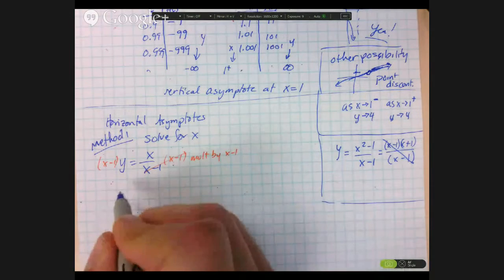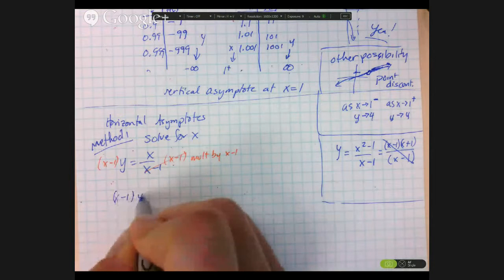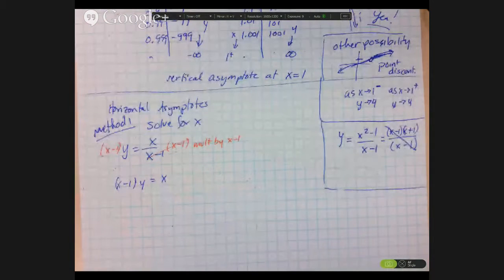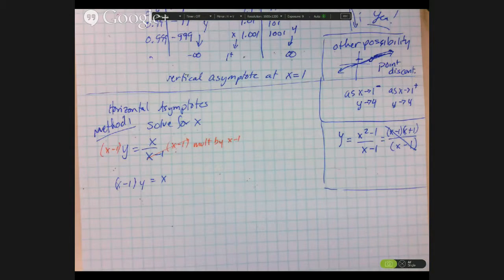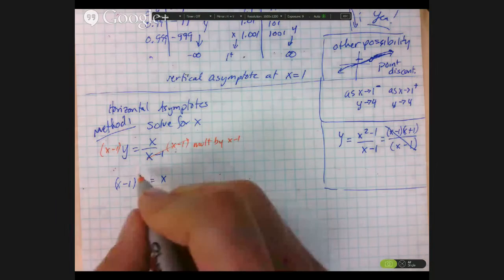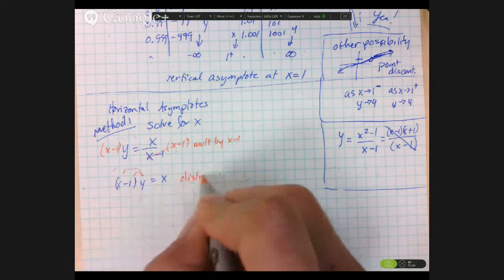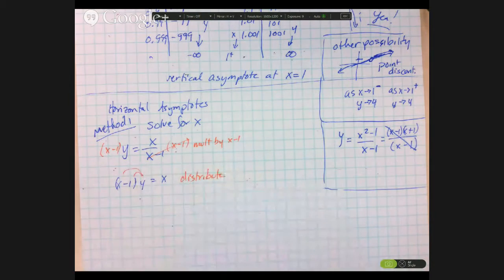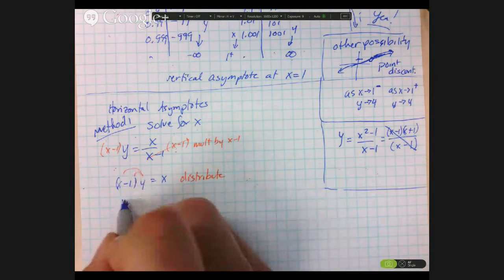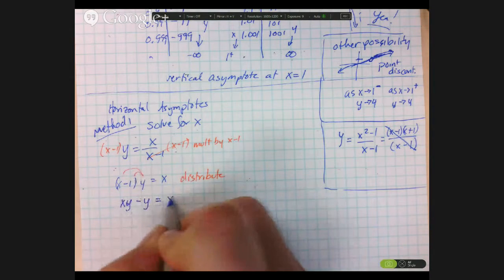So we get, going to distribute, and get xy minus y equals x.